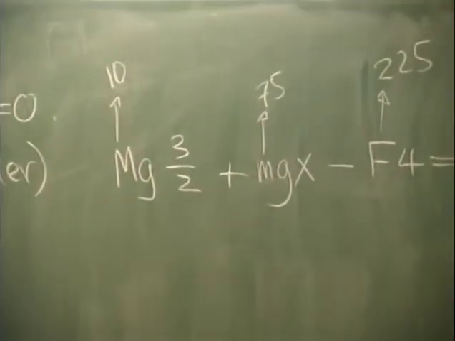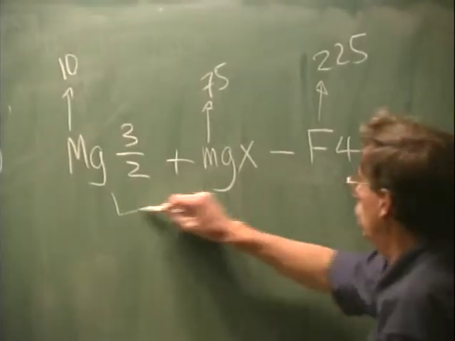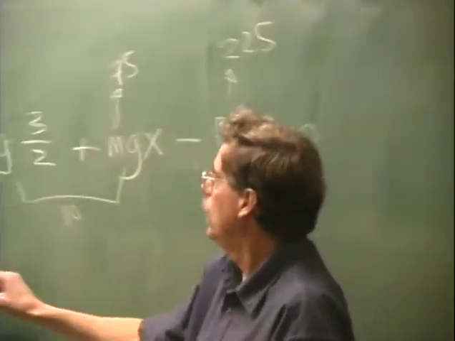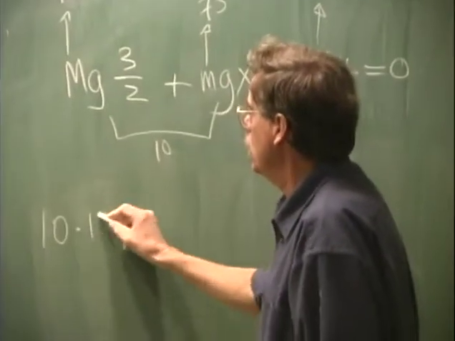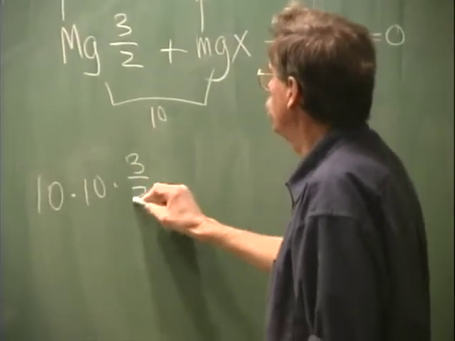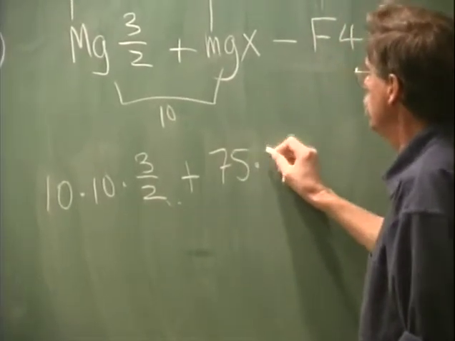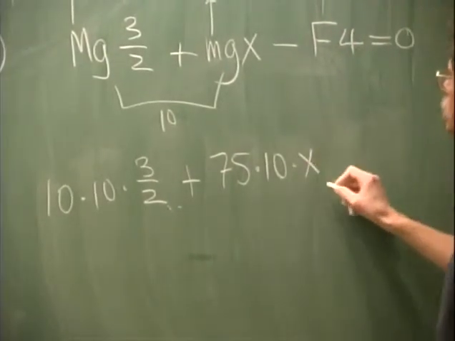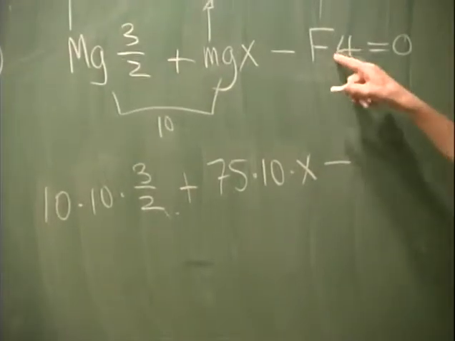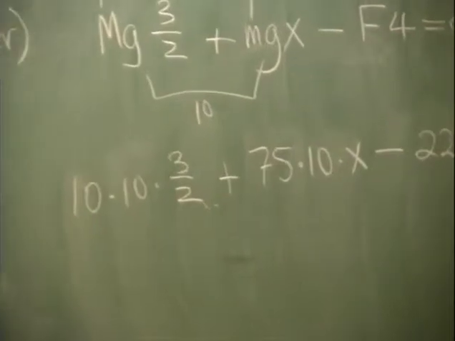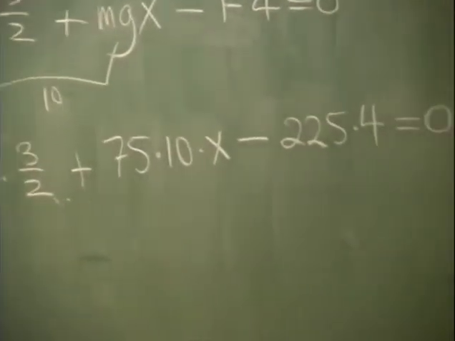And I'm going to use 10 for g also to make life easier for myself. So what do I have? 10 times 10 times 3/2 plus 75 times 10 times x minus 225 times 4 equals 0. That's all I'm going to need.